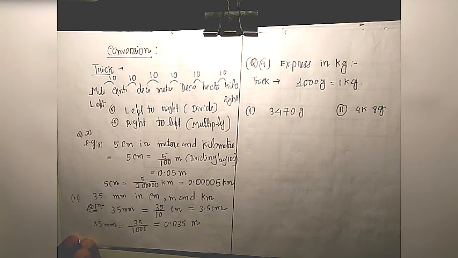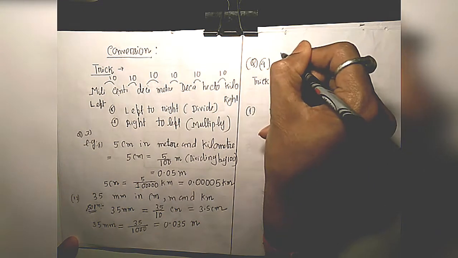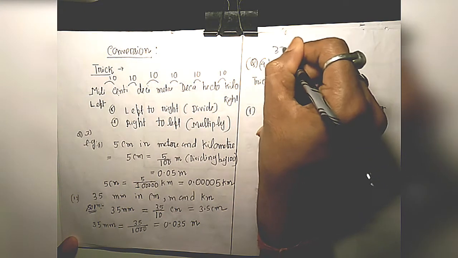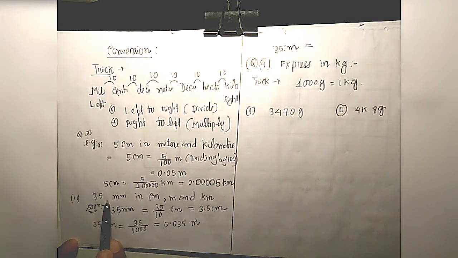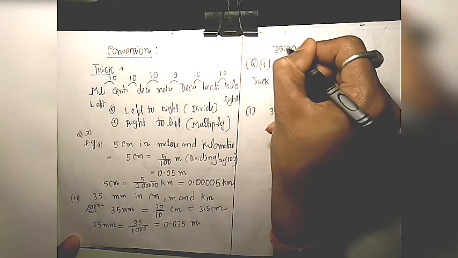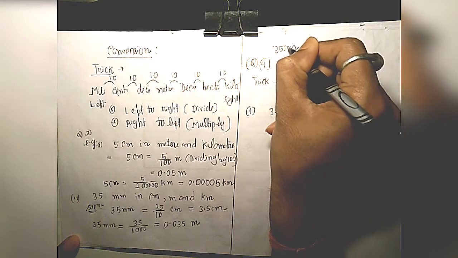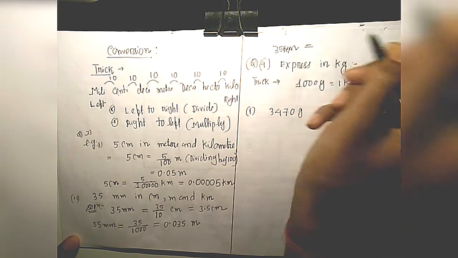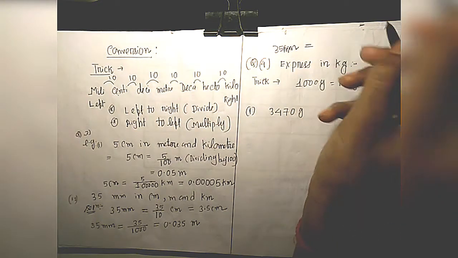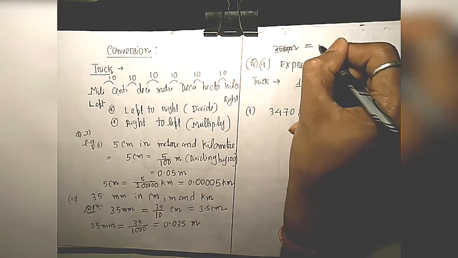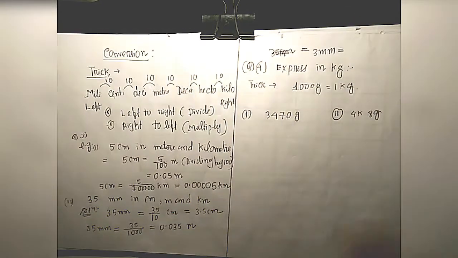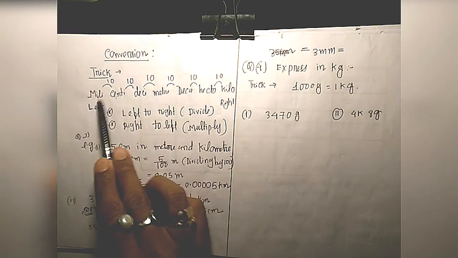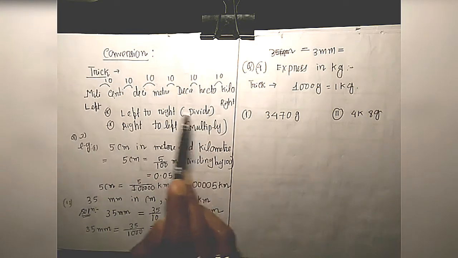Next, 35 millimeter to kilometer. Once again, millimeter to kilometer, left to right means divide.